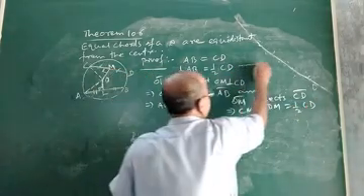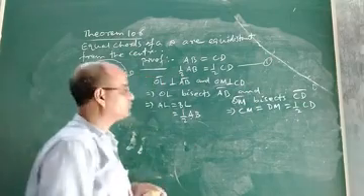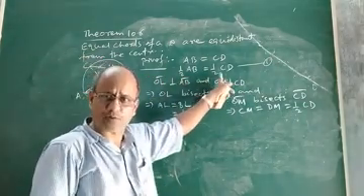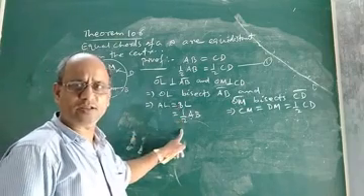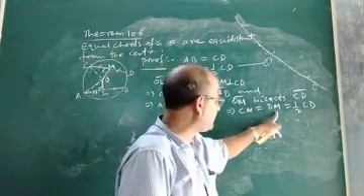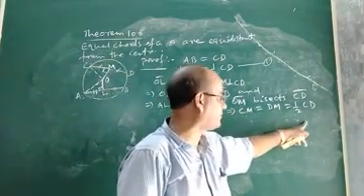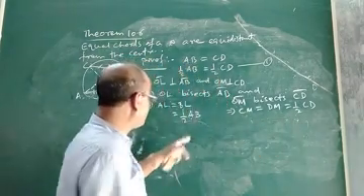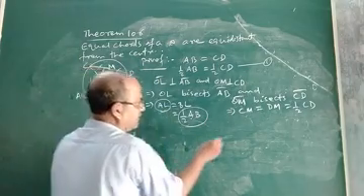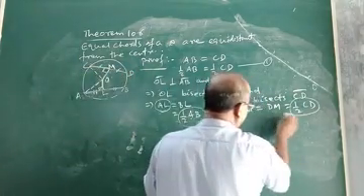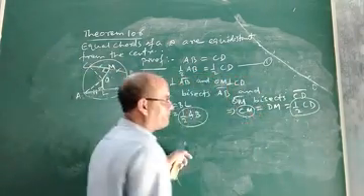Now suppose this is equation 1: half AB equals half CD. Here AL and BL are equal, each one equal to half of AB. Here CM and DM are equal, each one equal to half of CD. So in place of half of AB, we can take AL, and in place of half of CD, we can take CM.